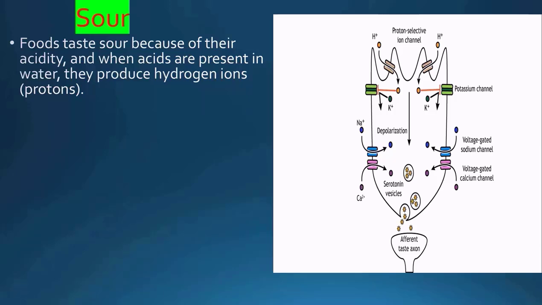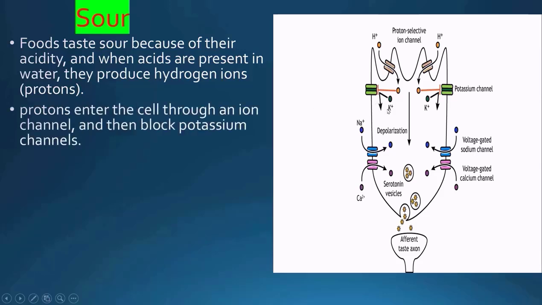These channels for protons are present on the villi and they are open, and when the food contains hydrogen, that hydrogen enters into the chemoreceptor cell and blocks the potassium channel and prevents the efflux of potassium from the receptor cells. The decreased efflux of potassium along with the presence of the proton depolarizes the cell, causing voltage-gated sodium and calcium channels to open.